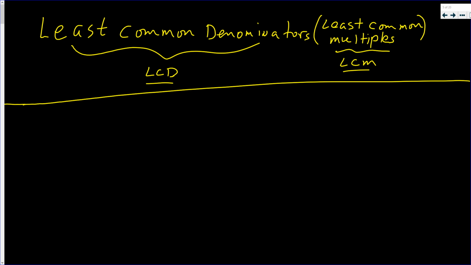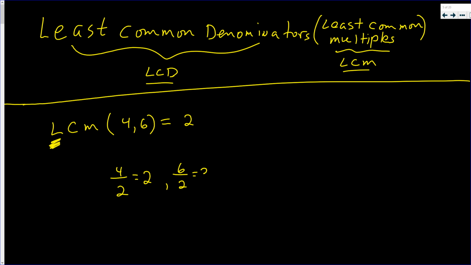Now, I don't usually do this, but the first thing I want to do is talk about mistakes which a lot of students make. When they want to find the LCM of 4 and 6, now they all know that L means least. A lot of students will say 2 because 2 goes into 4 evenly and 2 goes into 6 evenly.